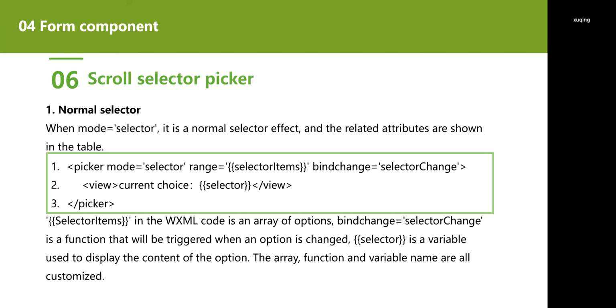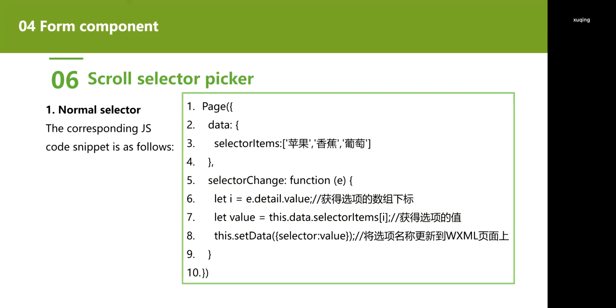It is an array of options, and we have set it in the JS file. Bind change is set as a function that will be triggered when an option is changed. Selector is a variable used to display the content of the option, and the array, function and variable names are all customized.